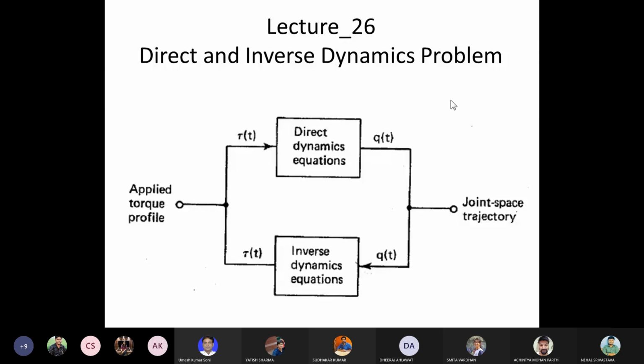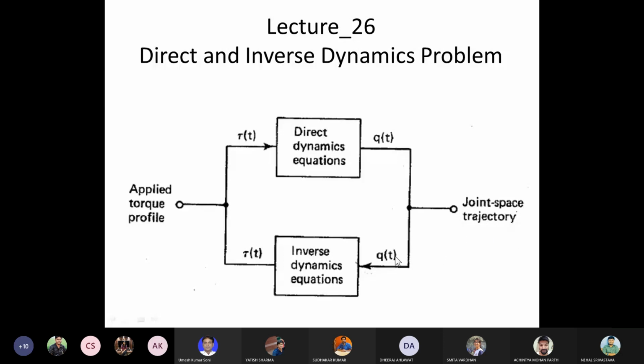So suppose for better control, we require a certain specified joint space trajectory, meaning a certain variation of joint variables theta 1, theta 2 with respect to time. Actually when we apply the torque and see the joint variables, it may not provide the same as we desire.